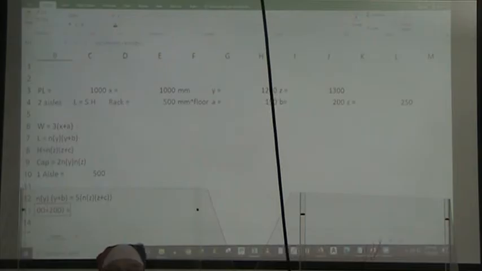Right, at the same time we know that Z is 1300 and C is 250.